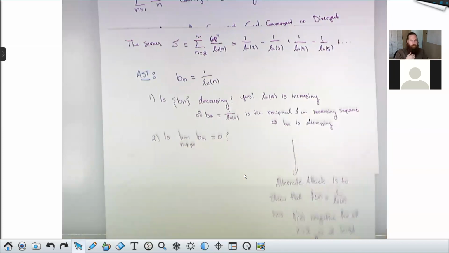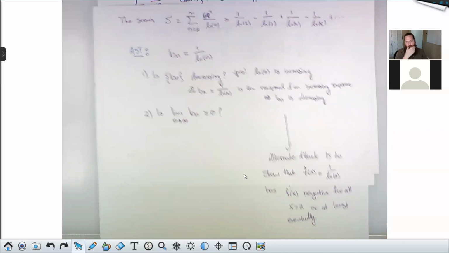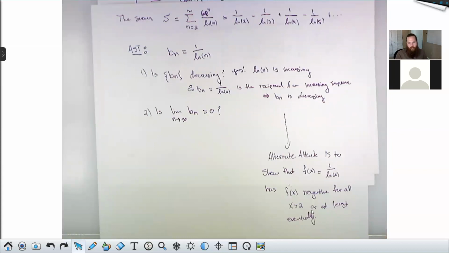But I try to avoid derivative work in these problems wherever I can because it takes a while, right? It's a quotient rule derivative, it's not pleasant, and then you have to solve the nonlinear inequality.